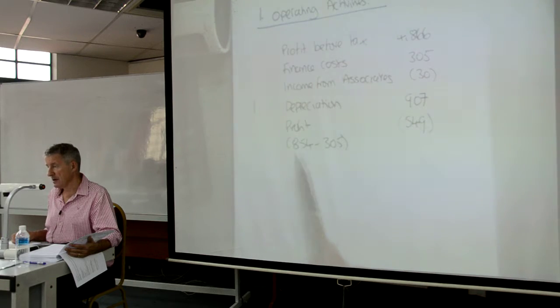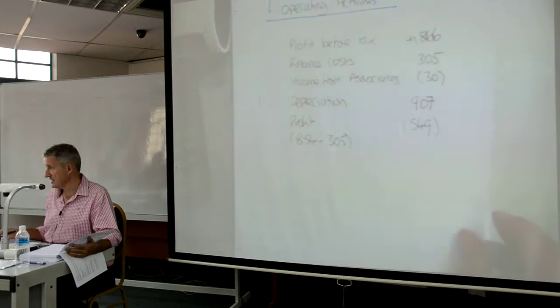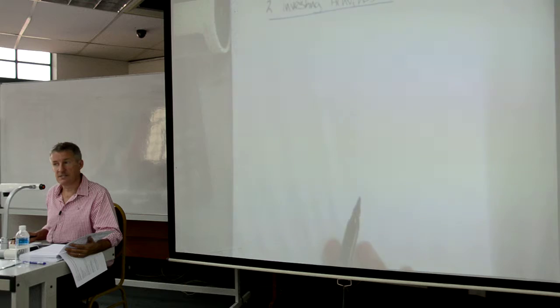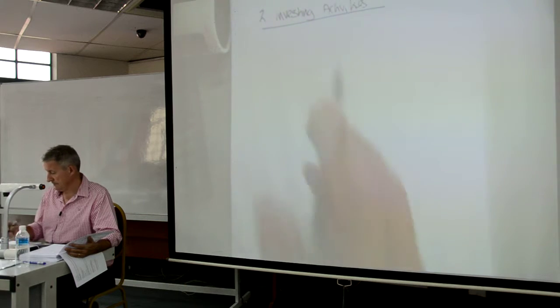Tell me about this number. What does this number represent? Proceeds, yeah? Cash in or cash out? Cash in. Operating, investing or financing? Investing. I've already opened up an investing activity.